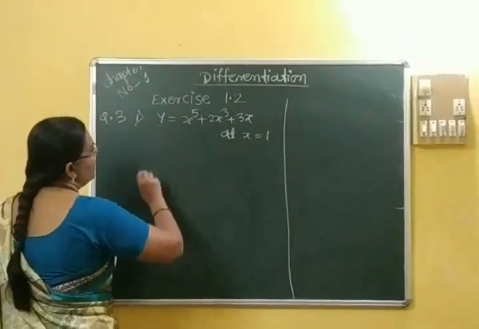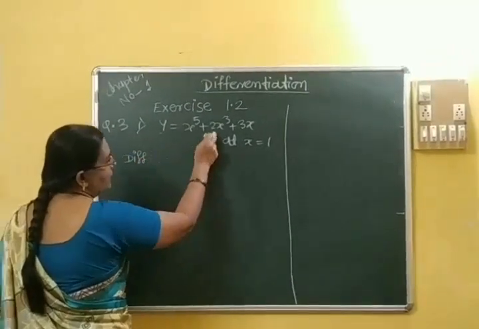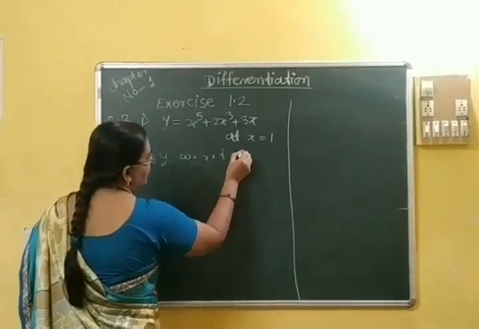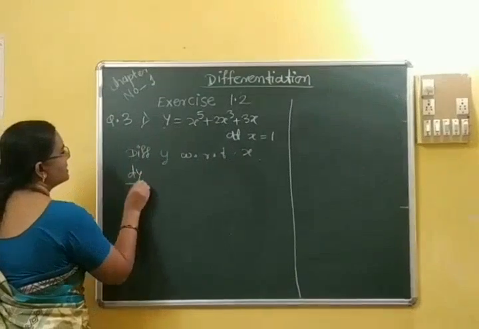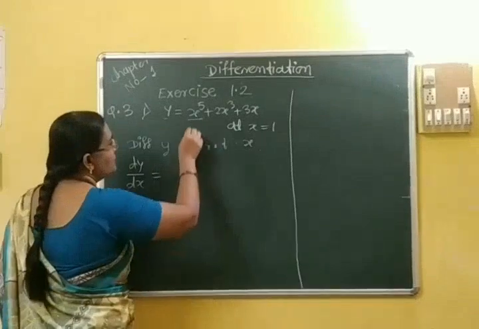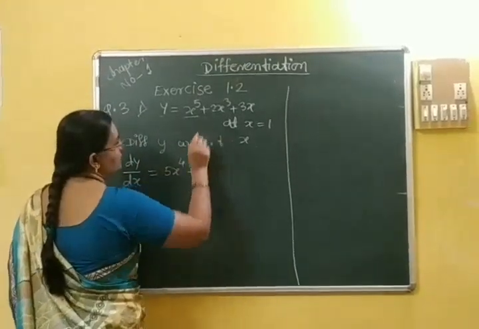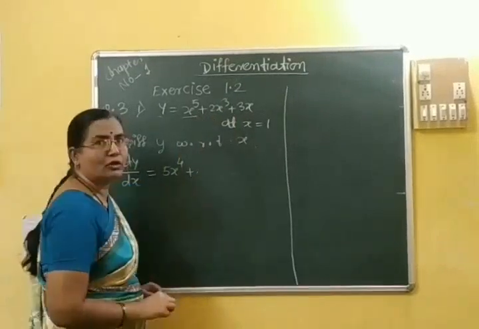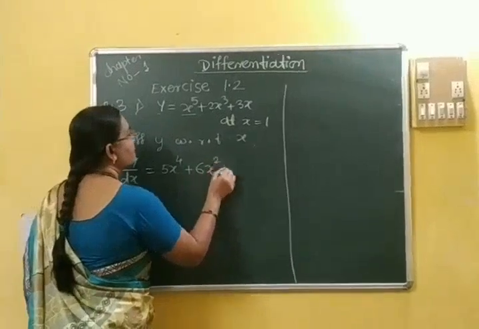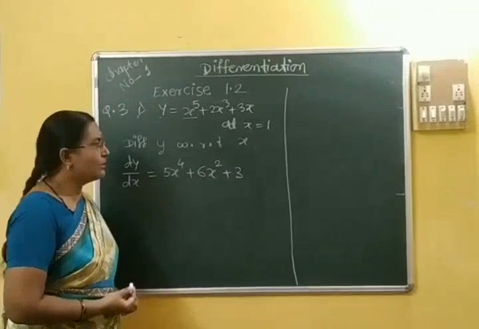Differentiate y with respect to x, then we get dy by dx. dy by dx is equal to the derivative of x raised to 5, using the standard formula, that is 5x raised to 4, plus 2 kept as it is and the derivative of x cube, that is 3x square, so 6x square, plus 3. This is the derivative of y with respect to x.